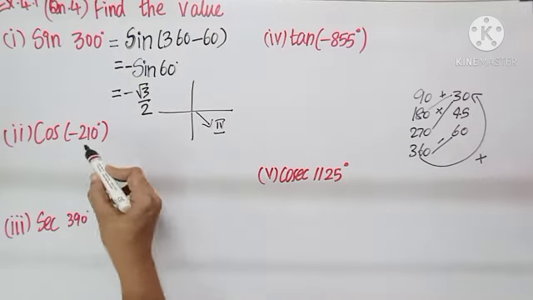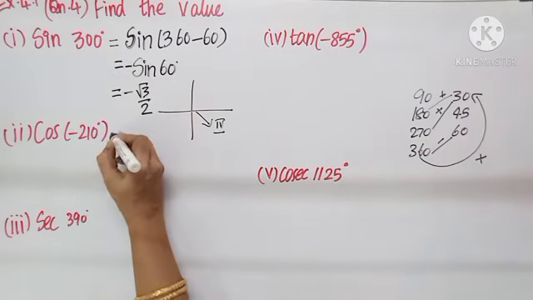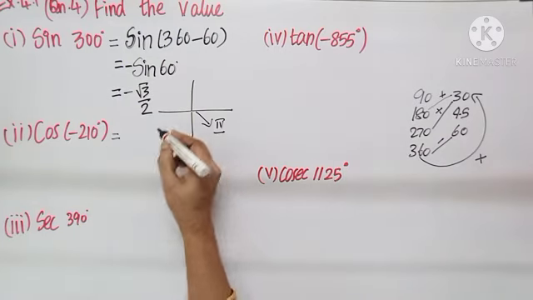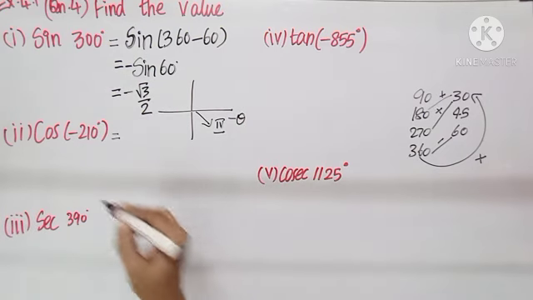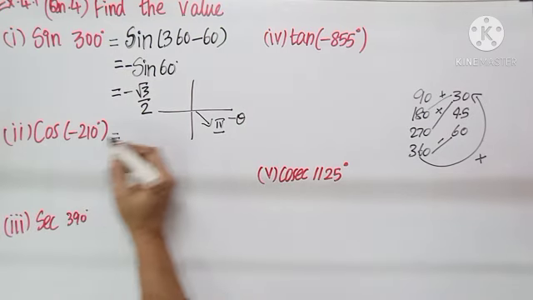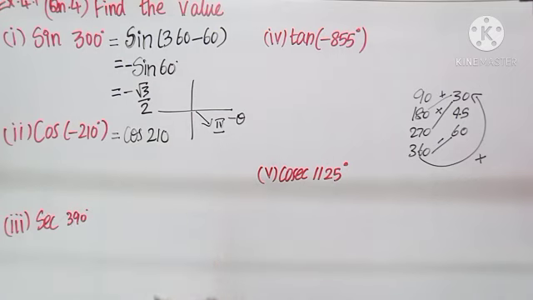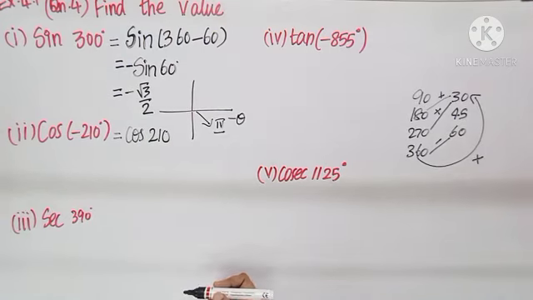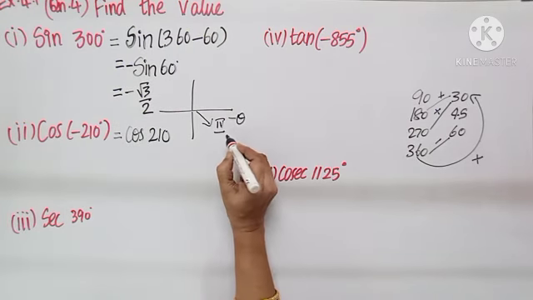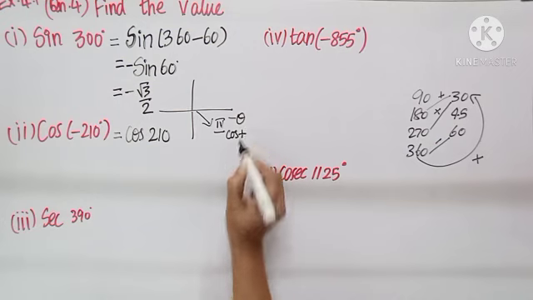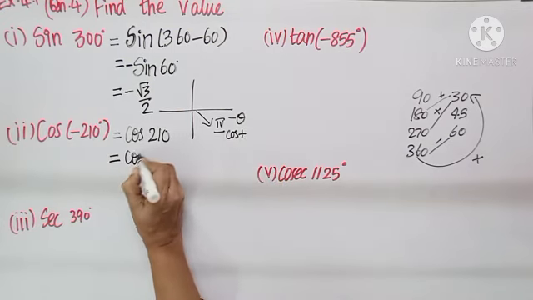How to write cos of minus 210? First of all, minus theta comes in fourth quadrant. Cos of minus, I will ignore the minus and write cos 210 only. Why? Because minus comes in fourth quadrant. Fourth quadrant, cos positive. So write only cos 210. The next step. How to write 210?